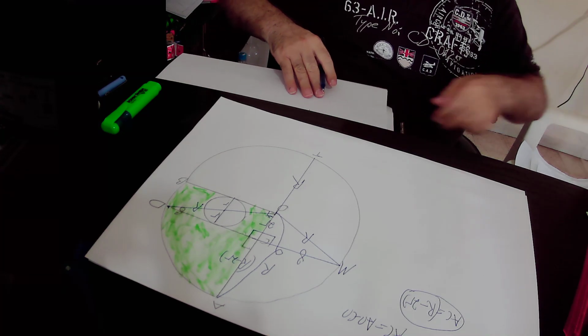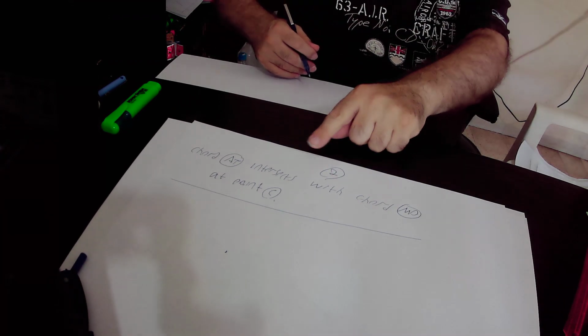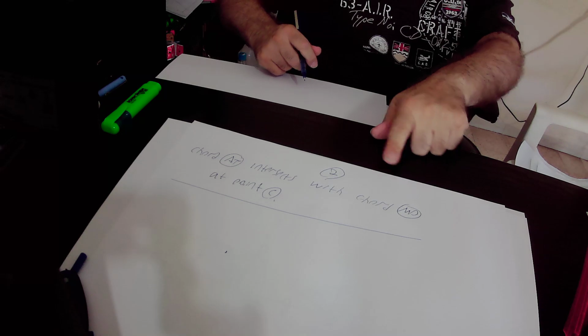Repeat again. Now original drawing, chord AT intersects with chord MD at point C.